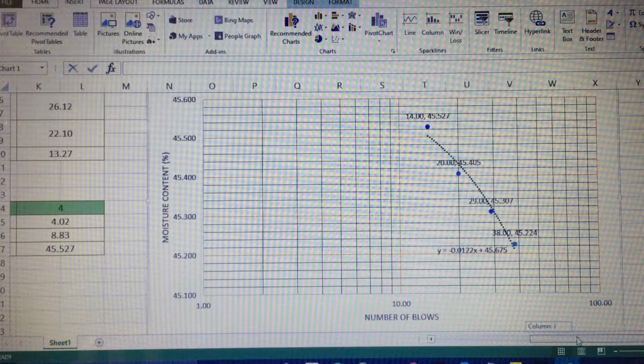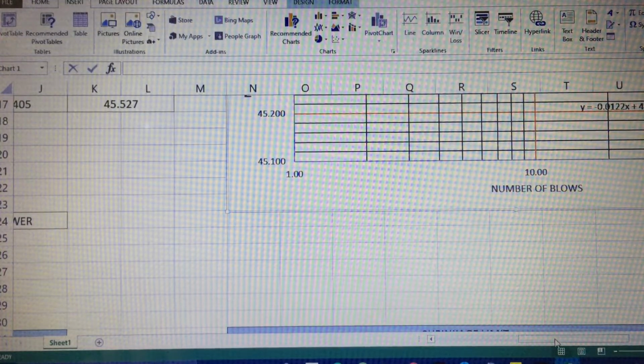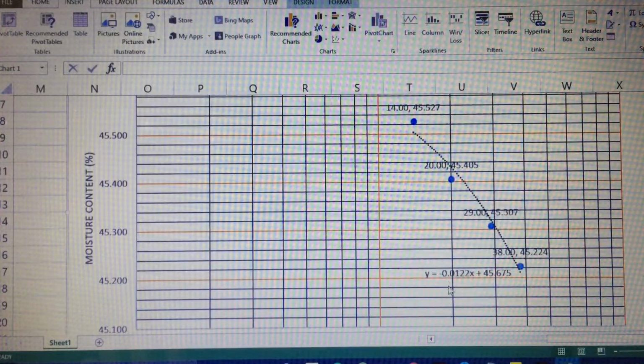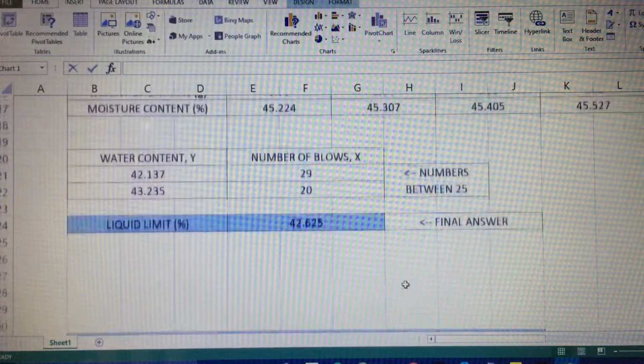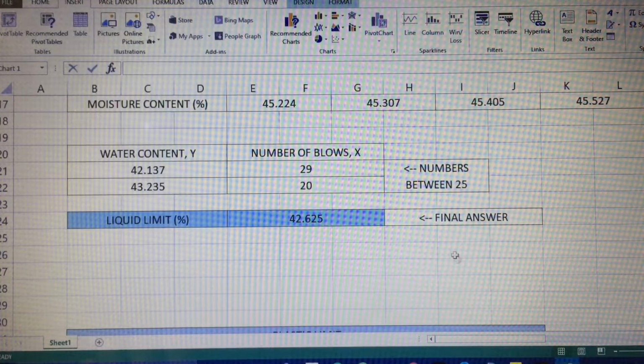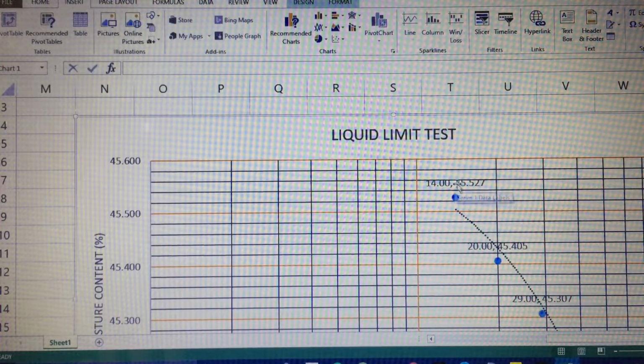So, as you can see sa graph na to, makikita natin tong equation of the line, which is negative 0.0122x plus 45.675. So, magagamit natin yan mamaya sa pag-solve ng liquid limit. At 14 blows, ang moisture content niya is 45.527.